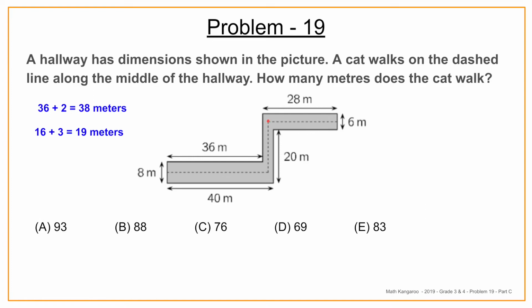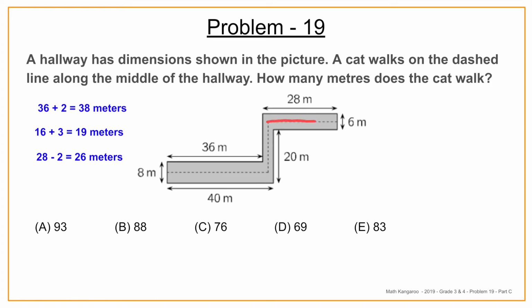Now to determine the distance from here to here, we know the distance from here to here is 2 meters. And the total is 28. So 28 minus 2 gives us 26, and 26 meters the cat walks in.